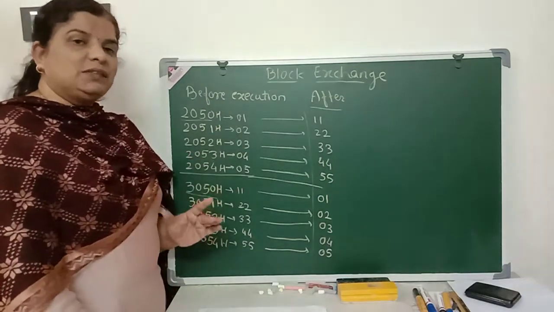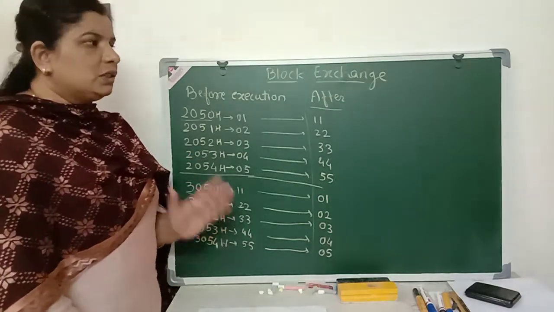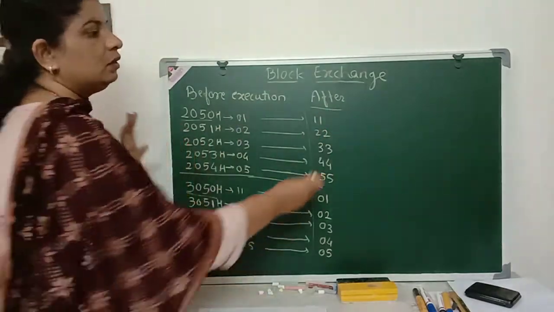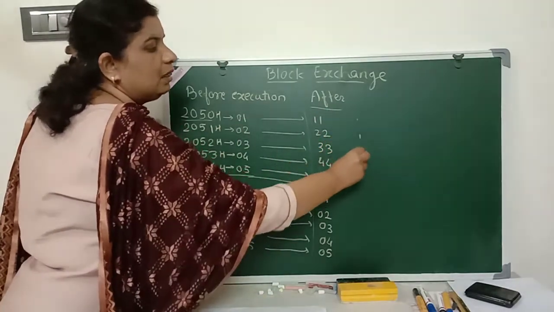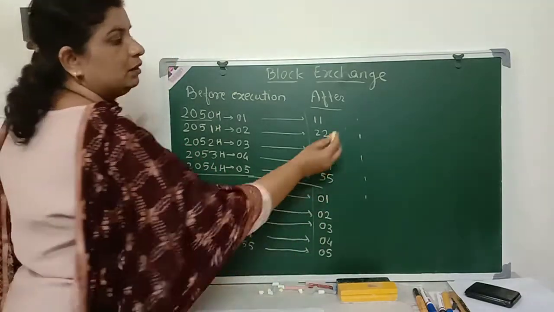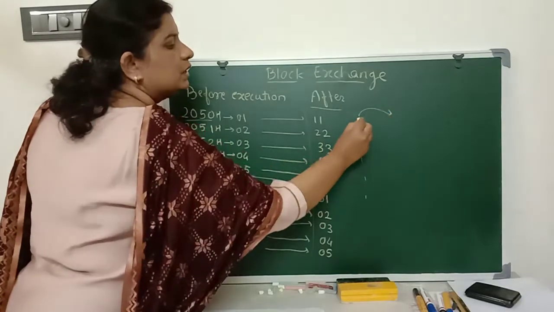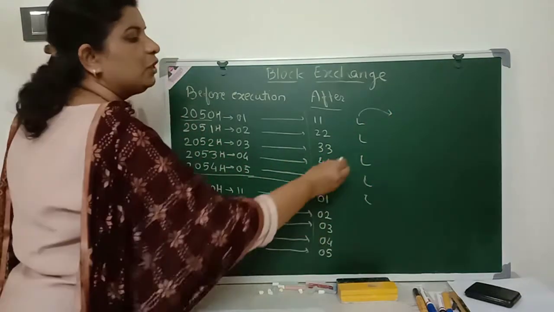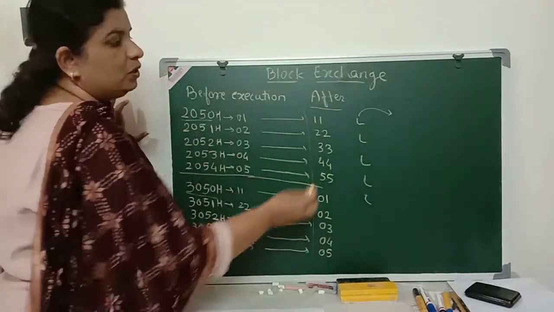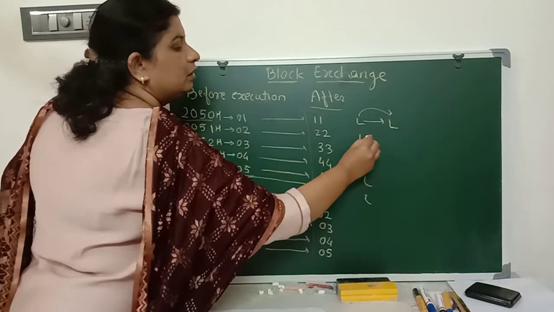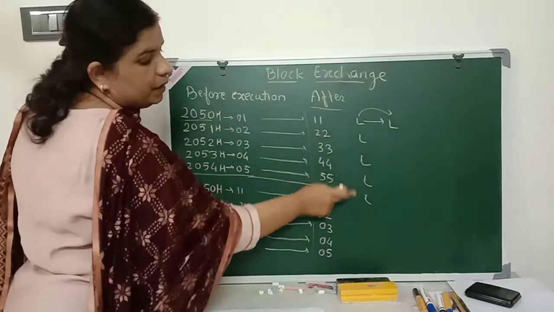In the case of block transfer, I have given the example that suppose there are 2 rows. In one row 5 chairs are there. Okay, and in block transfer we have to shift these 5 chairs to the empty row. So the first chair has to be shifted to the first location. Then we have to decrement the count because remaining chairs are there.